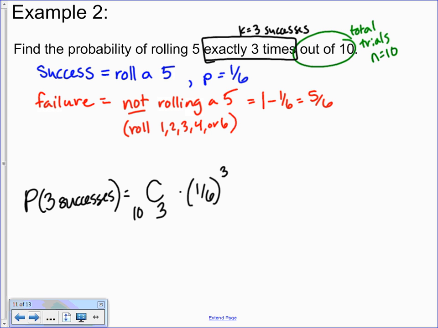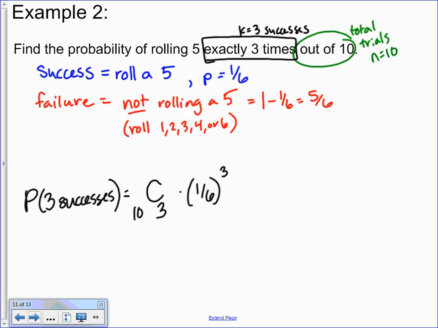Multiply it by itself 3 times. So that's all my success information. And now the last part of my formula is all my failure information. I want to take the probability of failure and raise it to the number of failures. We decided our probability of failure was 5/6. If we have 3 successes and 10 total trials, how many failures are there?